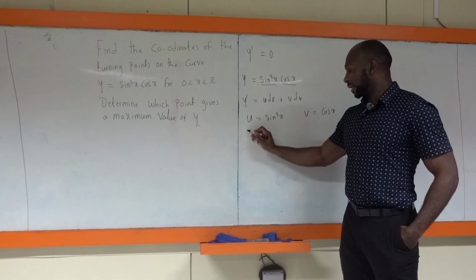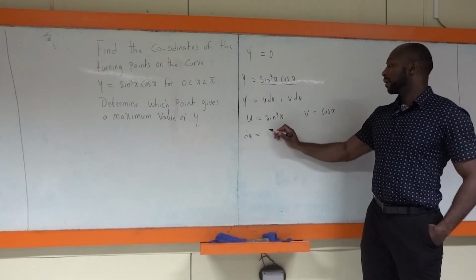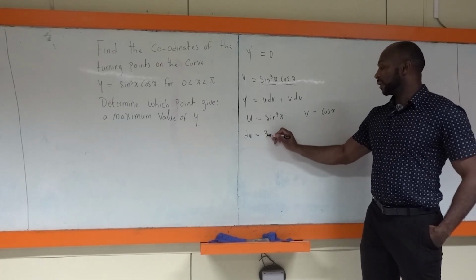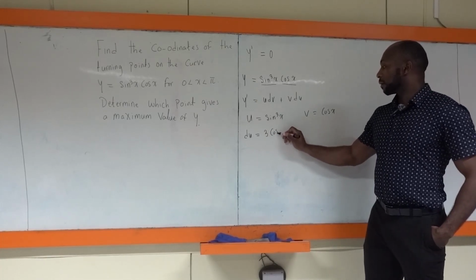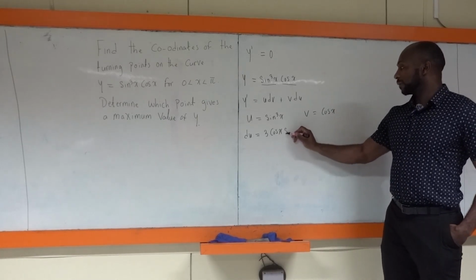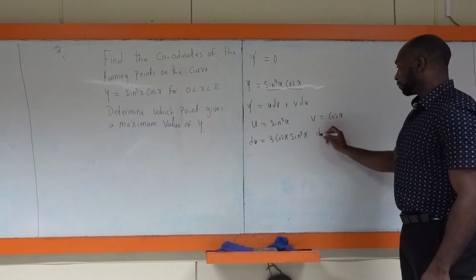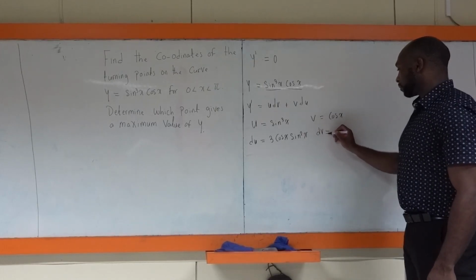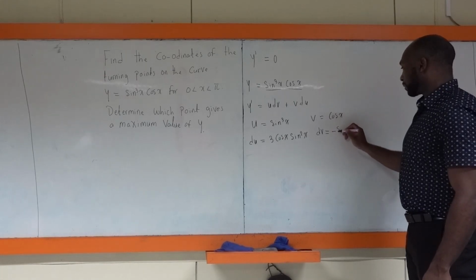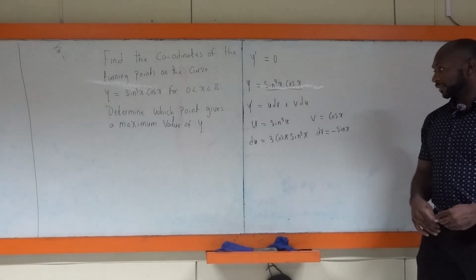As we earlier explained, we said du should be 3 cos of x multiplied by sine squared of x. dv should be negative sine x, as we earlier defined.